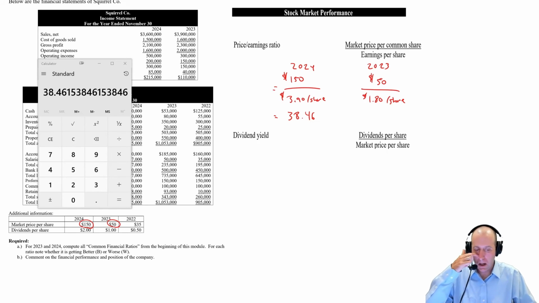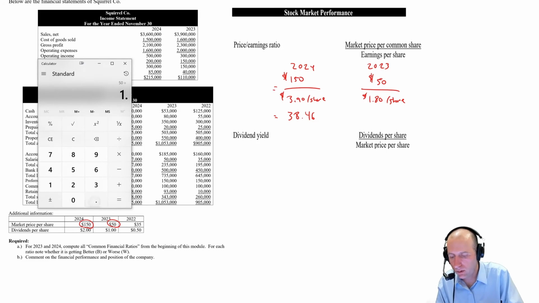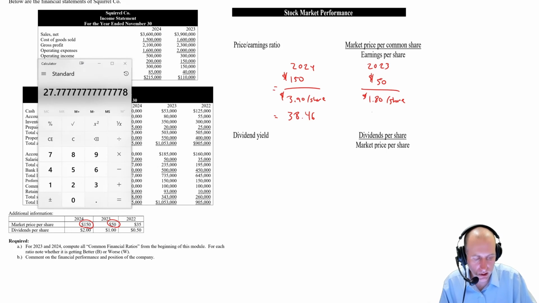38.46. This means that the stock market thinks we are going to really grow fast. Maybe this is a tech company or something, because most companies don't get this high of a multiple. 50 divided by 1.8. Last year was 27.78.